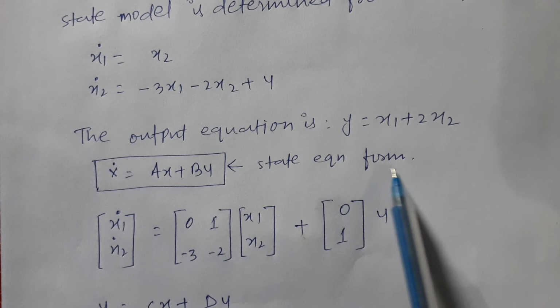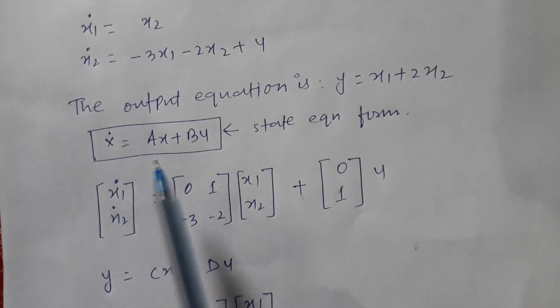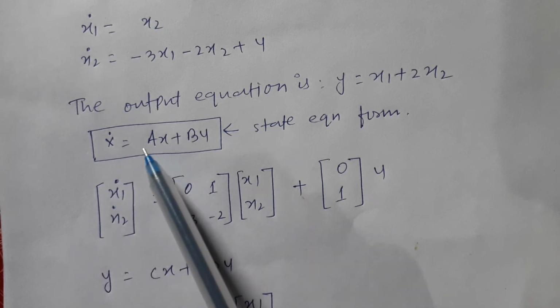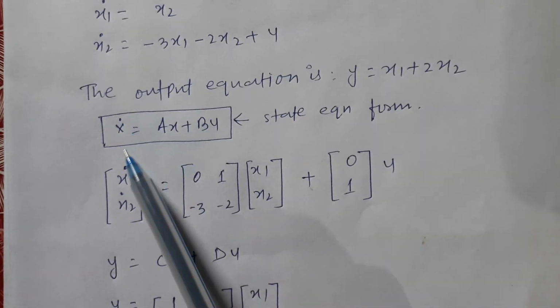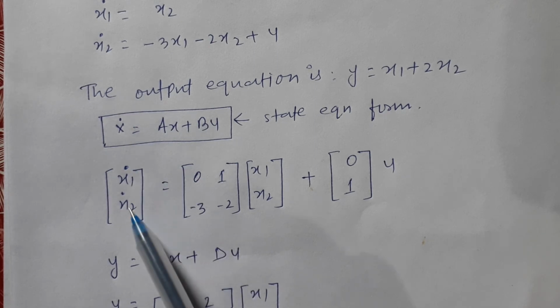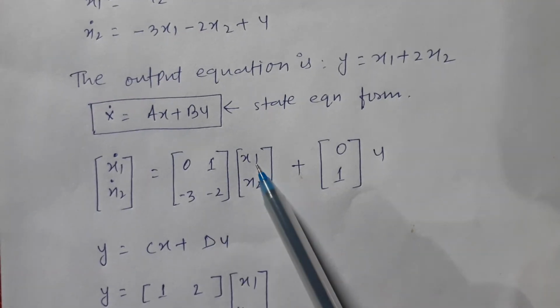This is the state equation form, and x represents x1 dot and x2 dot in a vertical column, because the function is second order, that means x1 first order and second order differential are present, and here x equal to x1 and x2.